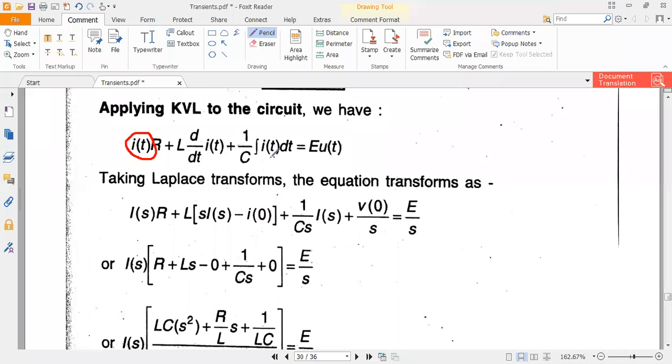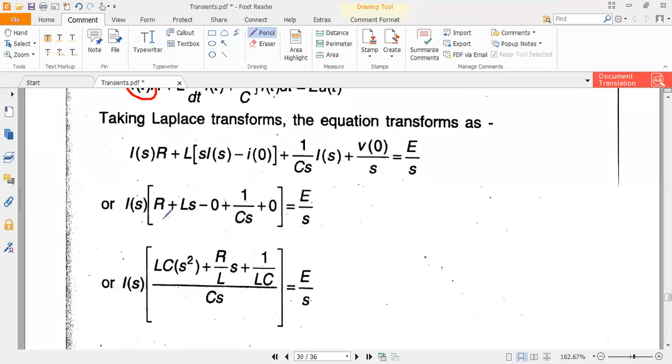The integral of i(t) becomes I(s) by s, with 1 by C always there, plus the initial condition for this, which is the capacitor voltage v(0), so v(0) by s, is equal to E by s, because E into u(t) is the unit step voltage, and for the unit step the s-domain form is 1 by s.